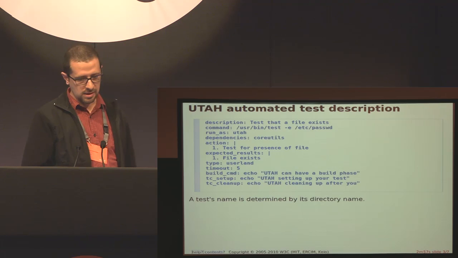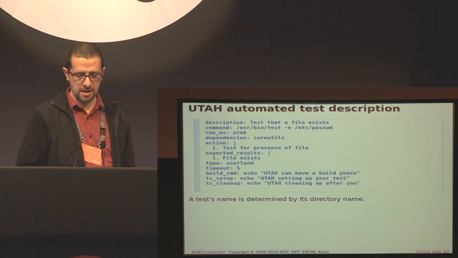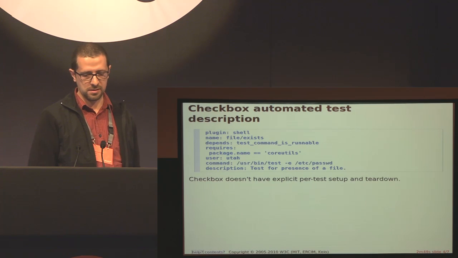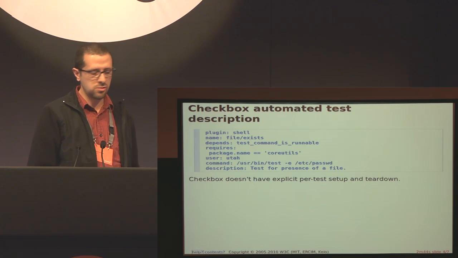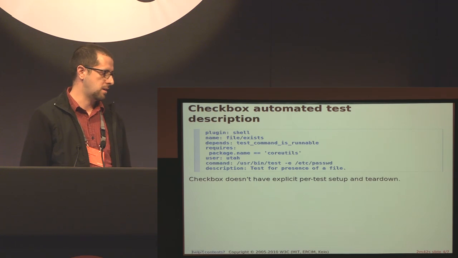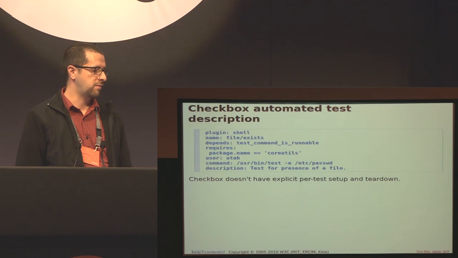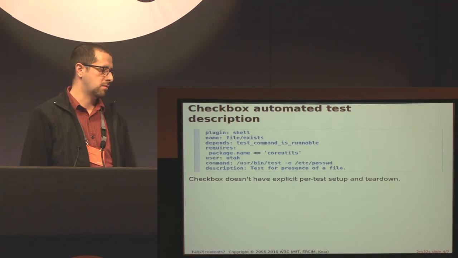The reason I mention this is that we're going to next look at another test that has a specific name for it. So this is an automated test description for Checkbox, which is the other tool I'm most familiar with. As you can see, it pretty much expresses the same things. It has a name, so that's why I mentioned the fact that Utah doesn't explicitly specify a name within the test itself. It has some dependencies, it has some requirements.